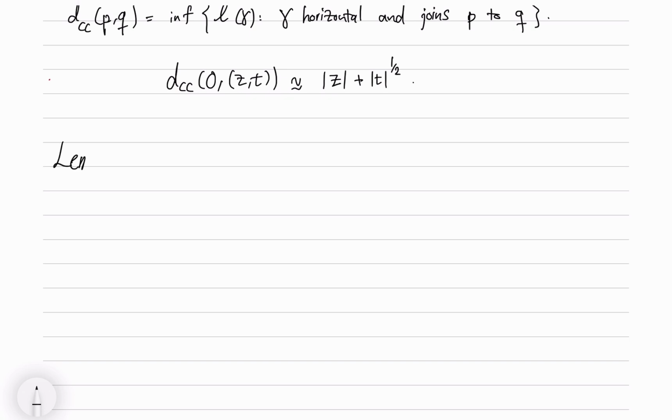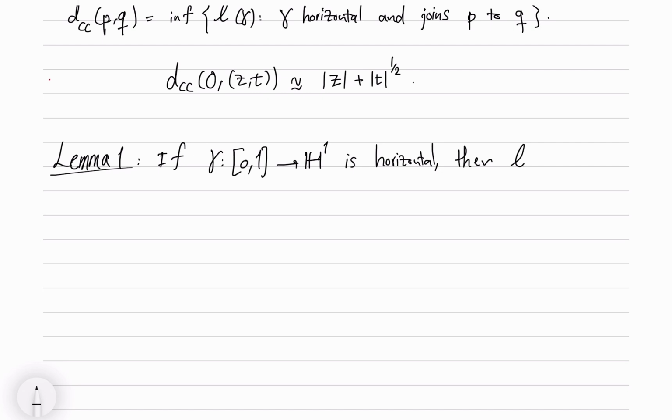So maybe let's call them lemmas. Lemma 1: if gamma, parameterized, say, from 0, 1 into R3 or H1, is horizontal, then the left translation by a point G composed with gamma, given by L_G composed with gamma acting on t, which is G multiplied by the value gamma(t).